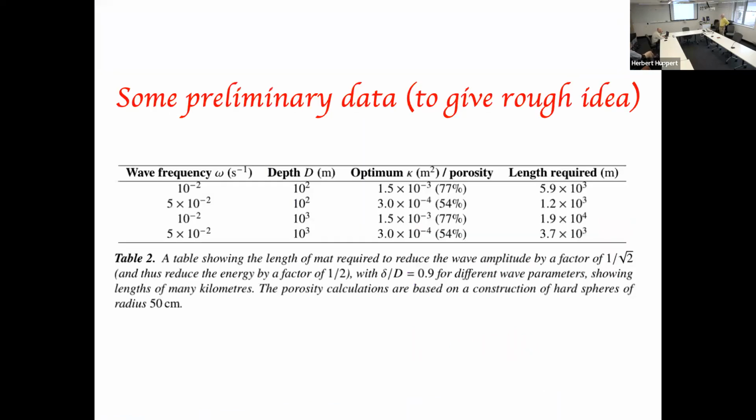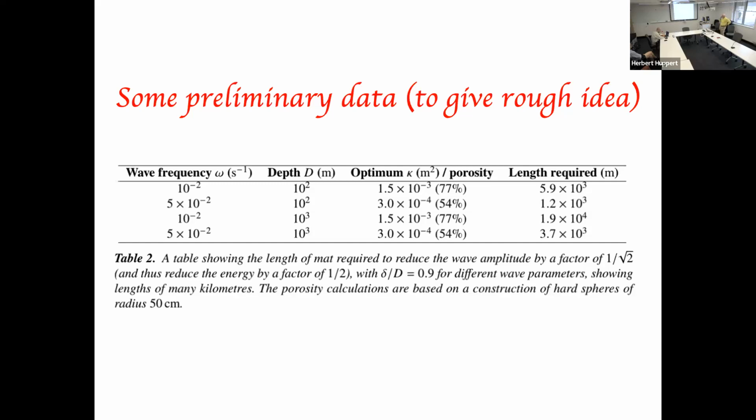To give you a rough idea, for two different wave frequencies, 1 and 5 times 10 to the minus 2 per second, and two different depths, 100 meters and a kilometer, the optimum porosity, first in kappa in meters squared, is something like 77% or 54%. So at 54%, it's half open space, half closed space.